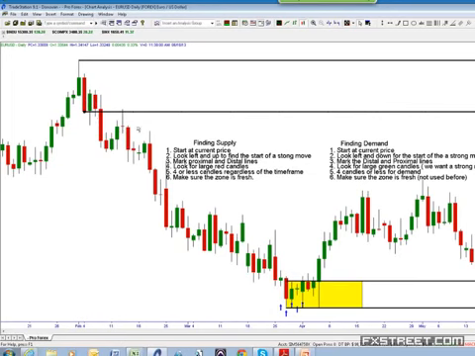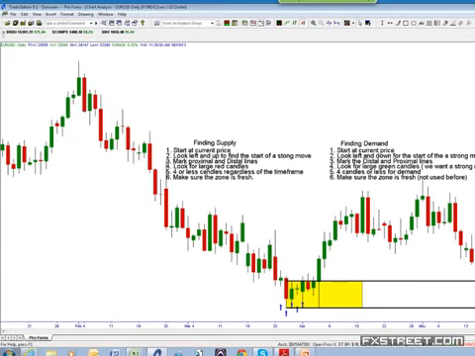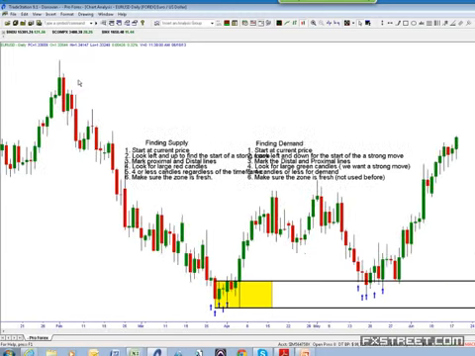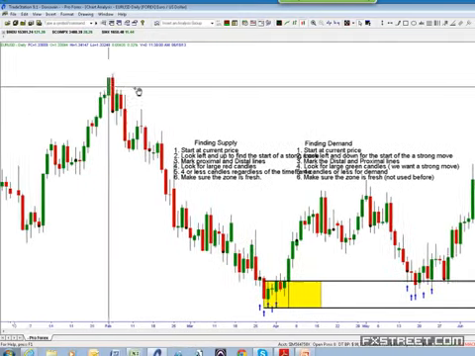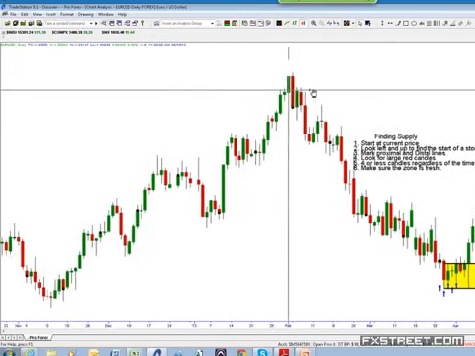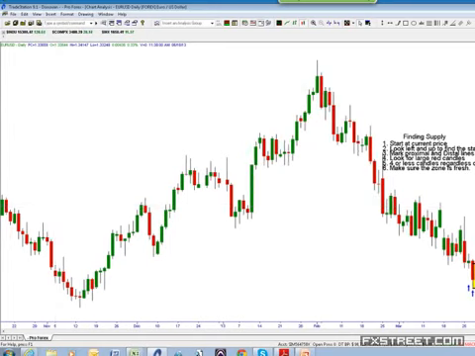I would not want to see this little pause in here. I would rather have seen something like this where it just dropped away and moved away pretty good. So I'm not going to consider that to be a strong level of supply on this daily chart of the euro, and instead go back further to see, above 37, was there a strong area of supply?